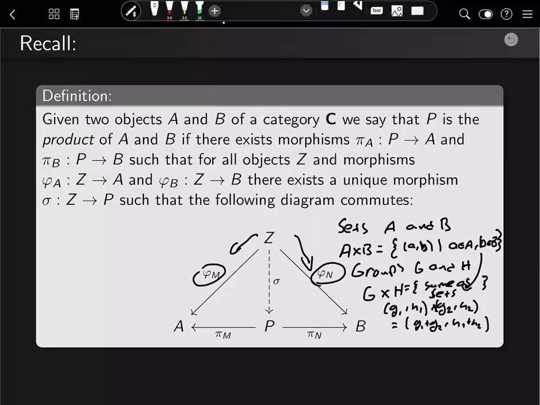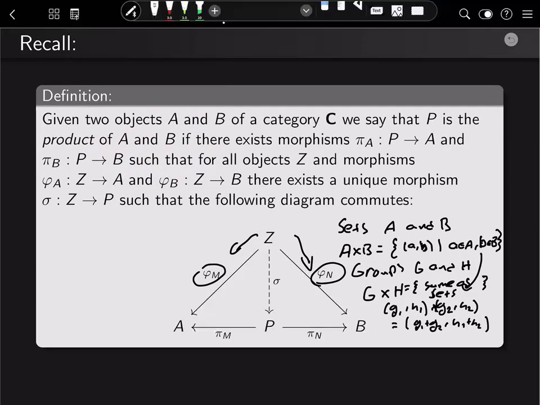This construction also satisfies the categorical definition of product in the category of groups. So there's a lot of interesting constructions.